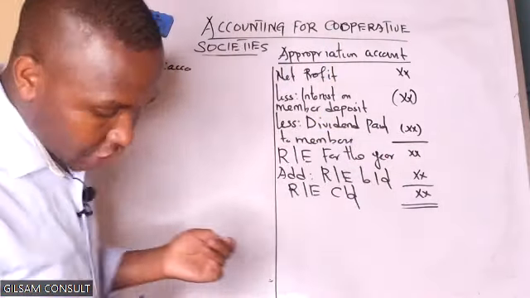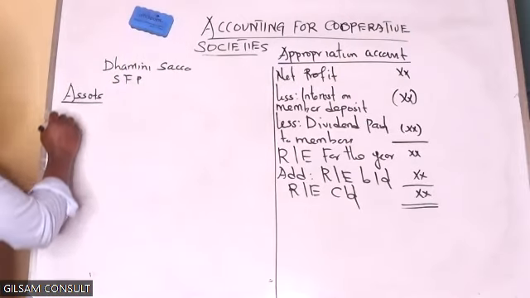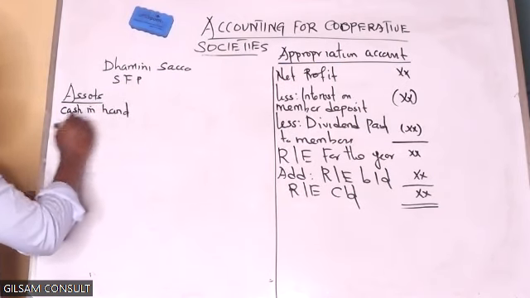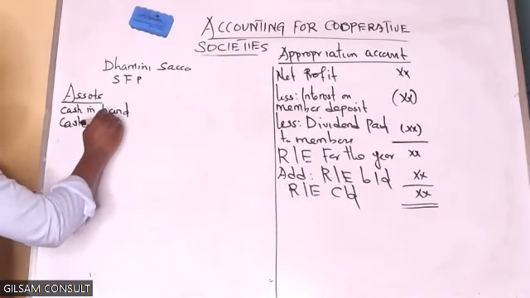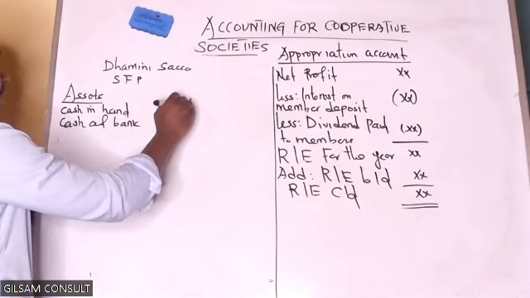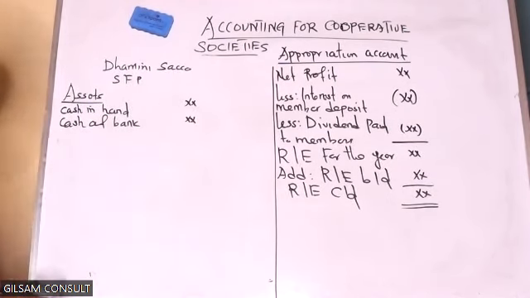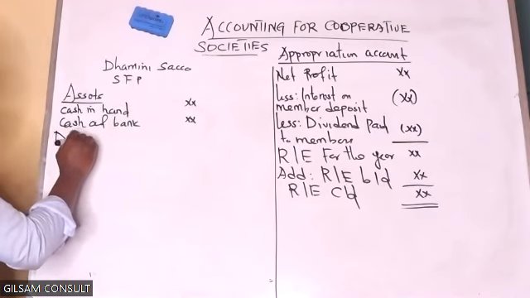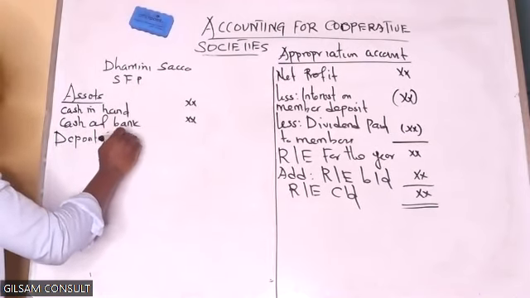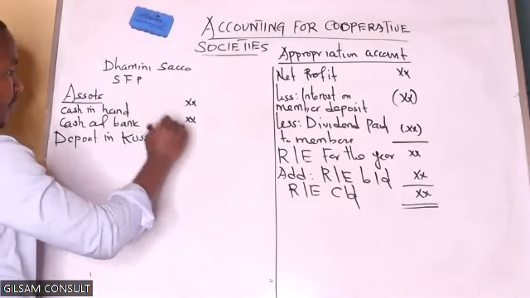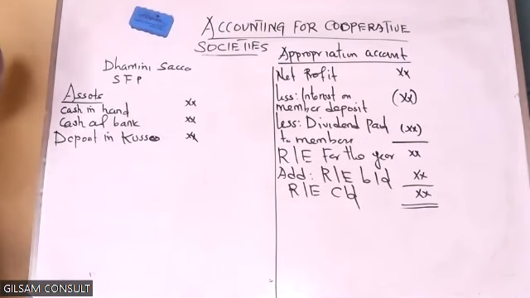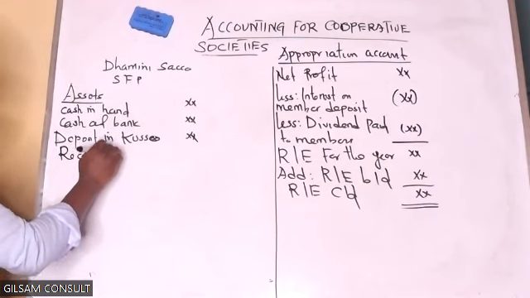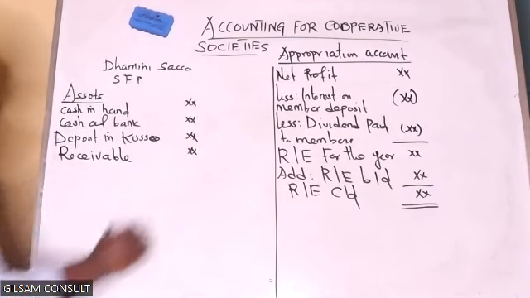So like cash in hand and cash at bank. So we start with cash in hand and cash at bank. And have deposit in Sacco. Receivable.